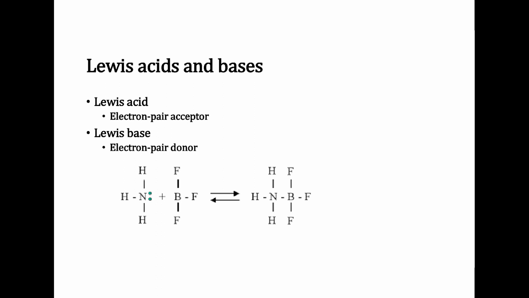For instance, here we have NH3 combining with BF3 to form this complex, and notice that there's a bond between the nitrogen and the boron. The lone pair came only from the nitrogen, so it was the electron pair donor. This would be our Lewis base, and this would be our Lewis acid.